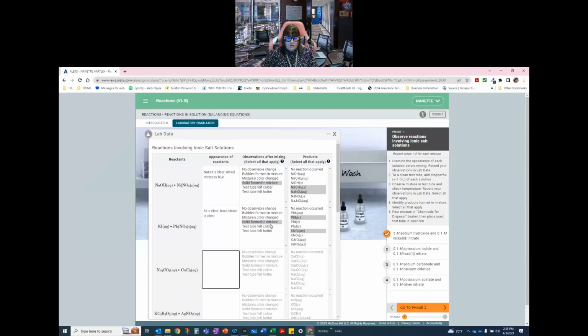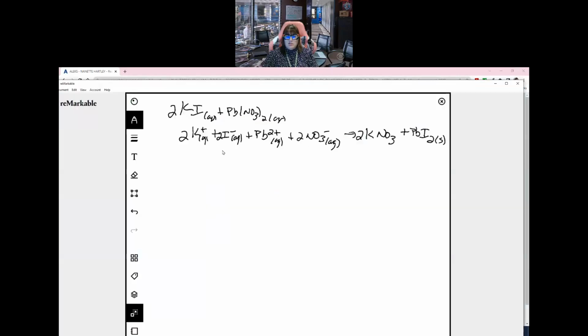Okay. Remember that when I do this from the ionic sense because it's easier for me to see, this is a K that's aqueous. And over here, this one, since it's aqueous too, I'd have 2K plus, 2I minus, plus Pb2 plus, 2NO3 minus, all of these being aqueous.